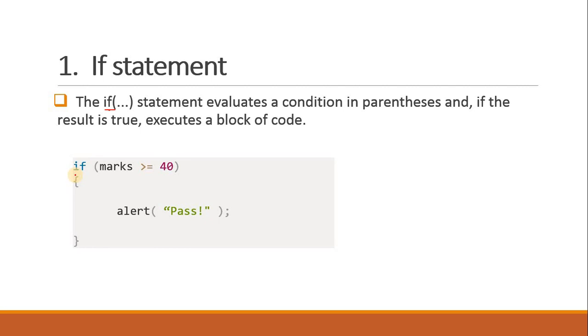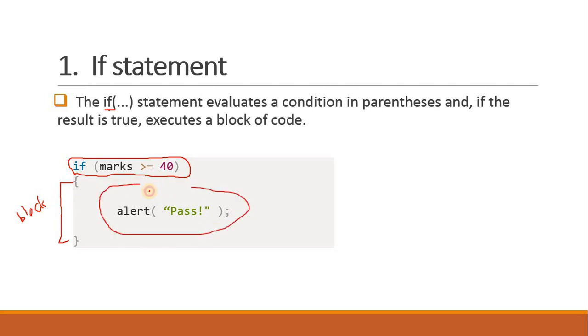So what is a block? This is entirely called the if condition, and then the opening and closing curly brackets are called the block. This particular block gets executed if the condition is true. Otherwise, this block does not get executed.